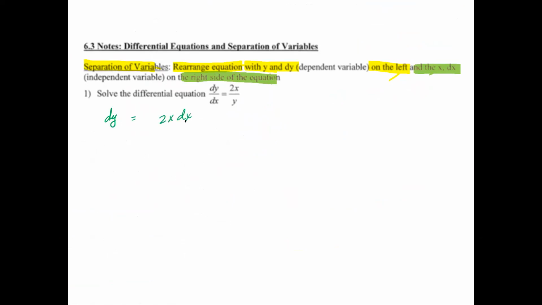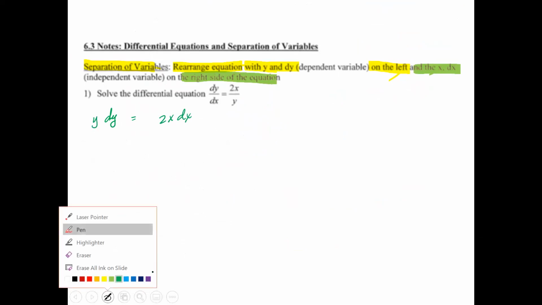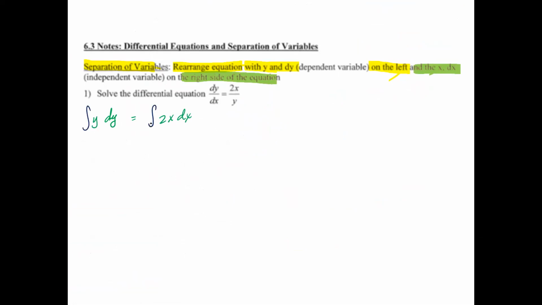So 2x dx, multiply the y's on both sides, and you have y dy. After you have that, let's integrate this. If I integrate the y, it's 1 plus 1, which is a 2, divided by 2. So I have y squared over 2 equals, integral of this, 1 plus 1 equals 2 divided by 2, x squared plus c.